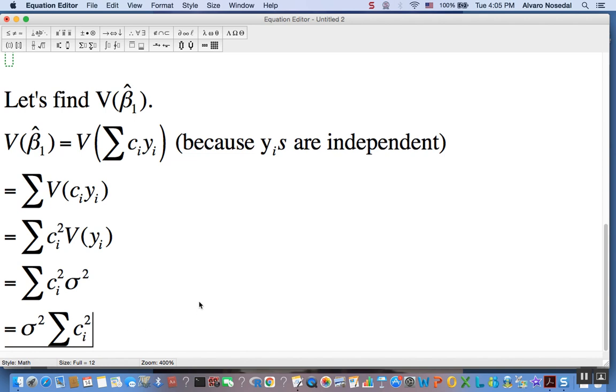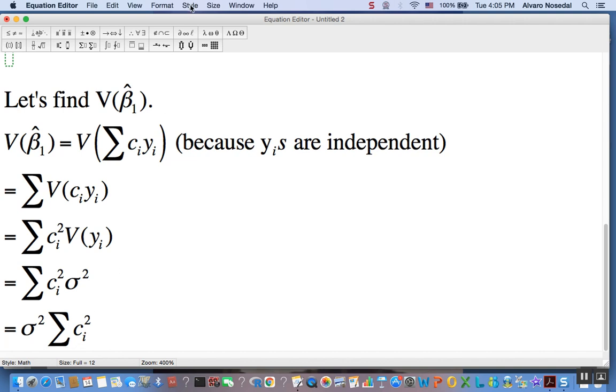But you guys remember that the last property of the coefficients ci that we showed had to do exactly with this, the sum of the ci's squared. And what we did is we showed that that happens to be 1 over sxx, right? By property 3.